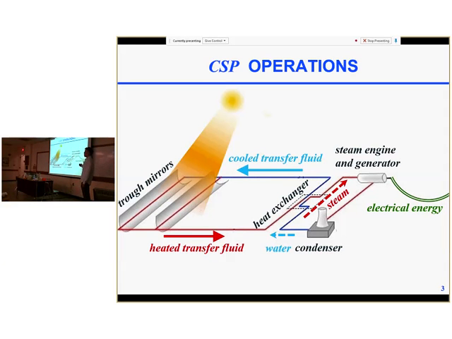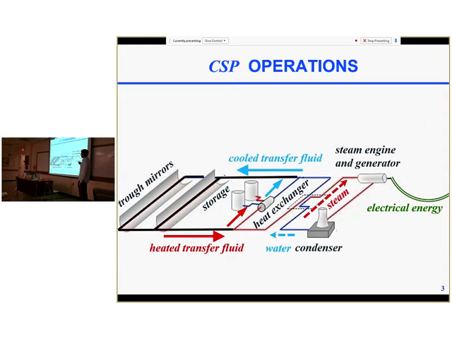Some of the CSP are equipped with storage. So during the day, a fraction of the thermal energy will be stored in the storage. After the sun sets, the solar energy is not available anymore, so the plant will use the thermal energy in the storage to continue to provide electricity.